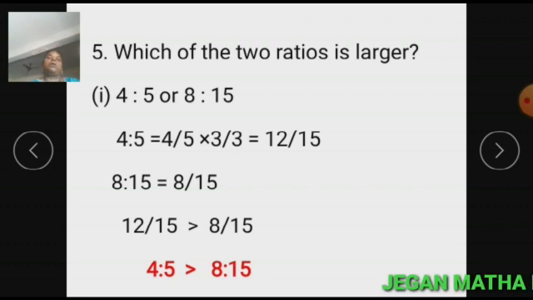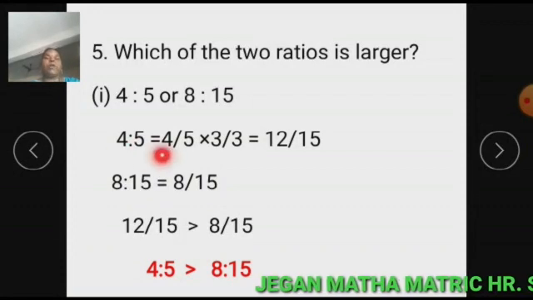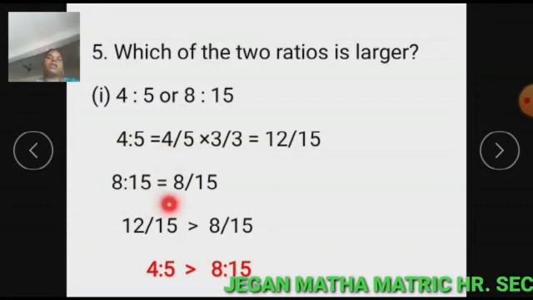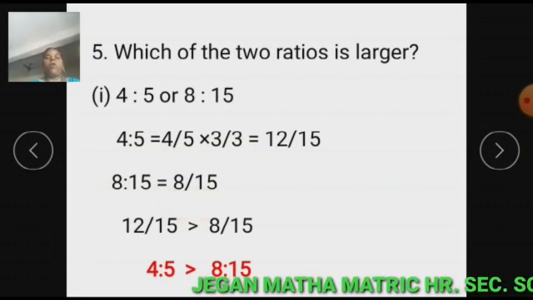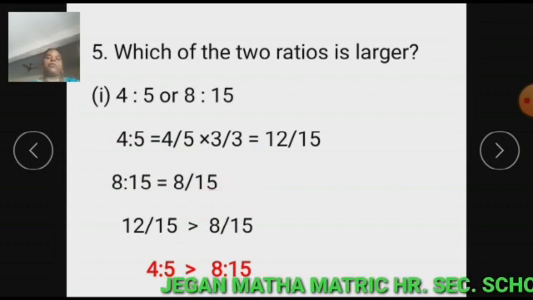So we find the LCM of denominator of the fraction form. So first we write ratio in fraction form. 4:5 equal to 4/5 and 8:15 equal to 8/15. Here the LCM of denominator 5 and 15 equal to 15.